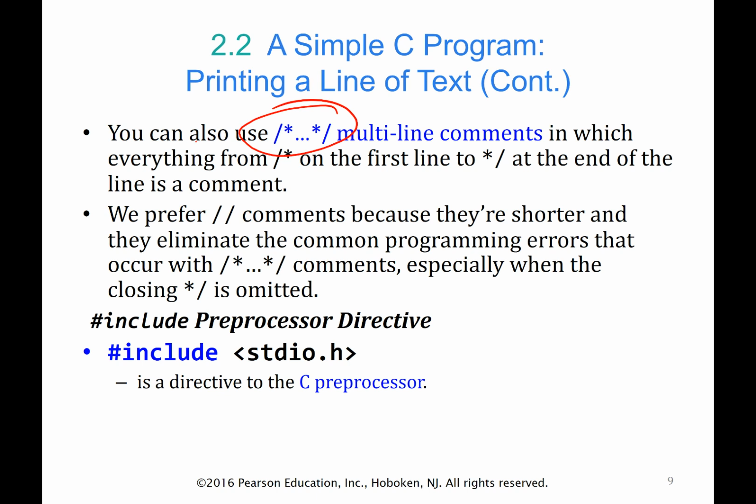So when I'm testing my code, I may comment out big blocks of code, and I'll use the /* and */, because this will comment out 5,000 lines. Once it sees this one here, everything after that until it sees the closing one is a comment.